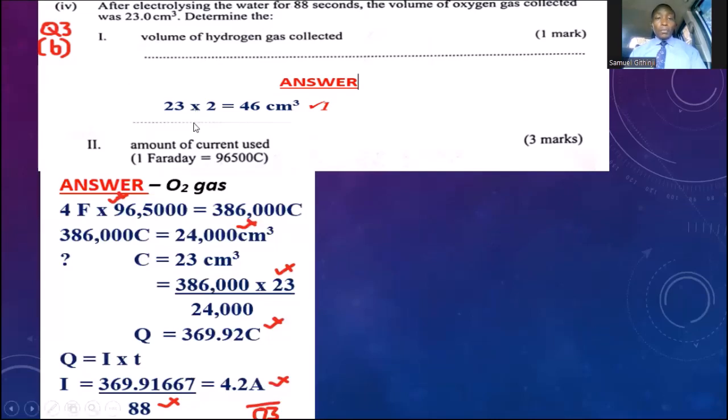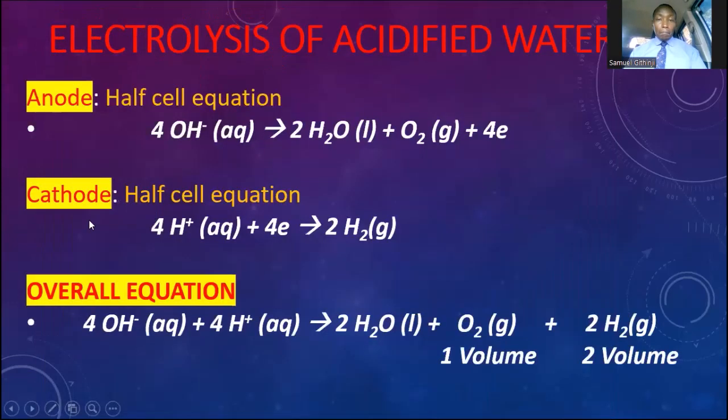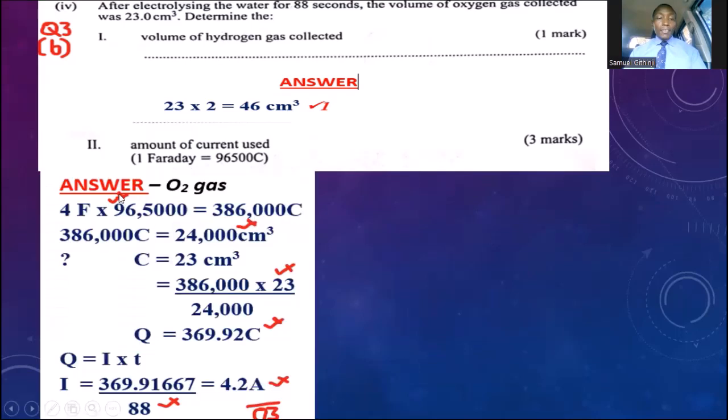For oxygen to be produced, 23, the half-cell equation is as we have seen here. There must be 4 moles of electrons. That translates to 4 Faradays, which means 4 times the Faraday's constant. So this is the quantity of electricity that is used to produce 1 mole of oxygen.